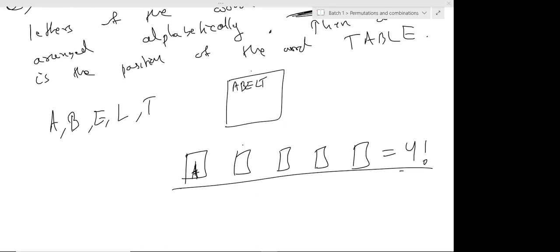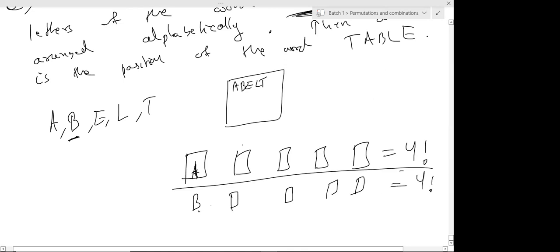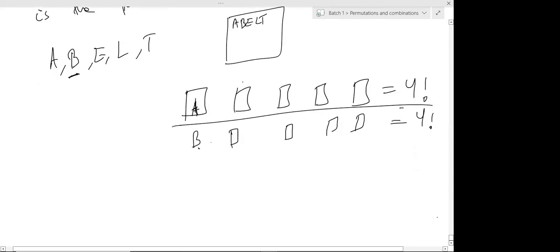Now words start from B because B is the second letter in here. 4 options because we fix B here. That means 4 factorial again. So there are 4 factorial words starting with B also. Now E, again 4 factorial words.